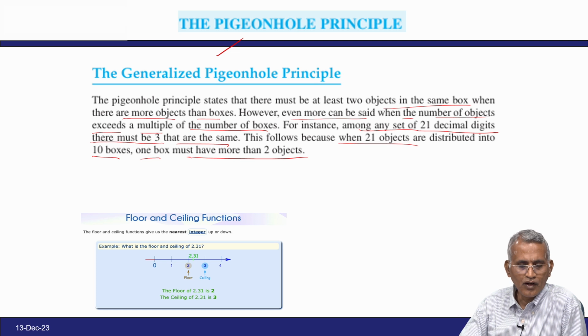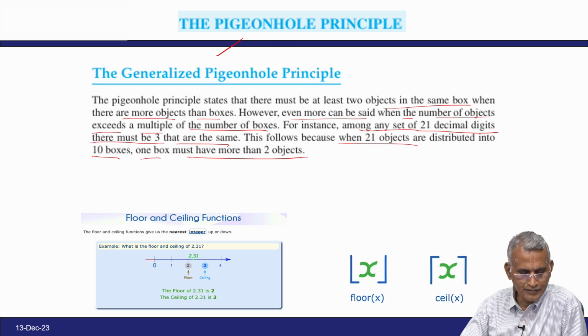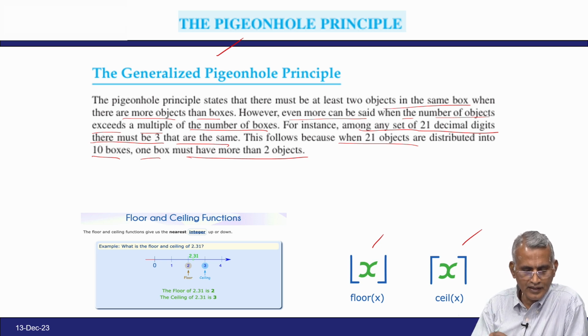If you want to understand this, we first have to understand the meaning of the floor function and the ceiling function. This symbol stands for the floor function, and this symbol stands for the ceiling function. The floor and ceiling functions give the nearest integer down or up.